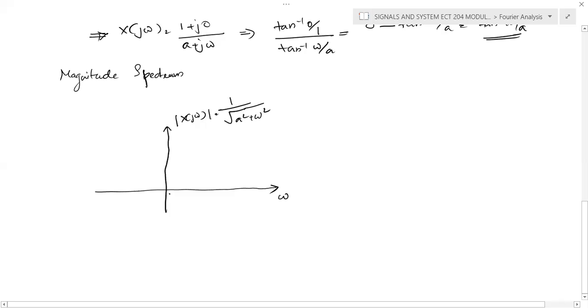So assume that if omega is 0, you will get 1 by a. Okay. Similarly, you can try for different values. So when omega is equal to 0, it's 1 by a.